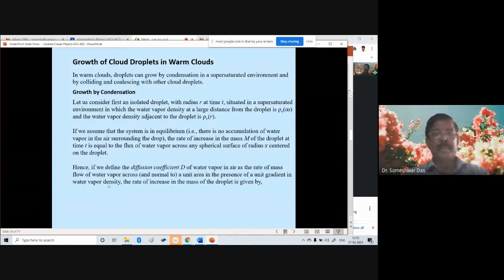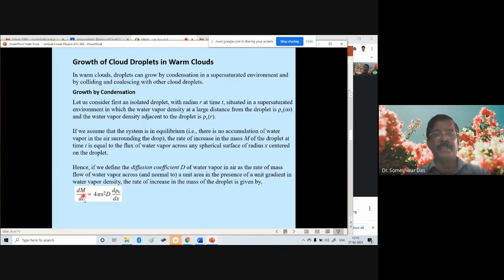Hence, if we define the diffusion coefficient D of water vapor in air as the rate of mass flow of water vapor across the normal to a unit area in the presence of unit gradient in the water vapor density, the rate of increase in the mass of the water droplet is given by dm by dt equal to 4 pi x square D times d rho v by dx.